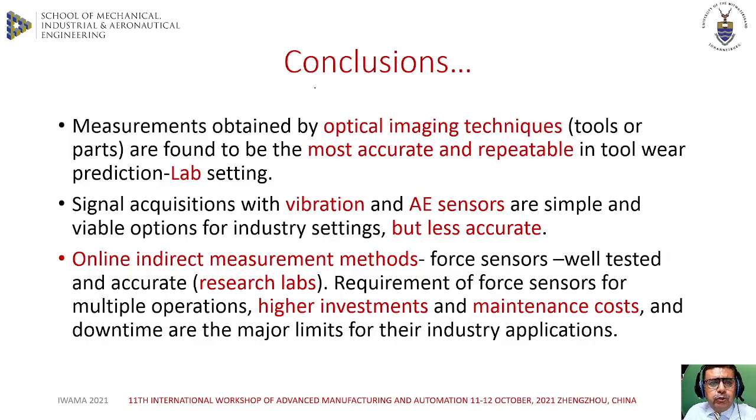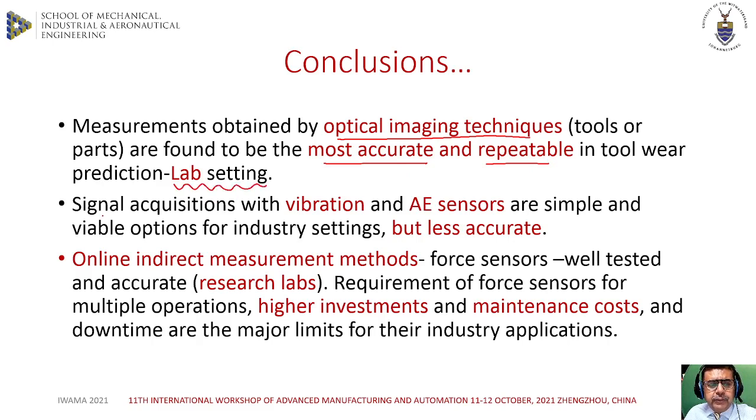Now coming to the conclusions. Measurements obtained by optical imaging technique are the most accurate. We make use of toolmaker's microscope for this, and the results are repeatable in tool wear, but more or less they are related to only laboratory settings.